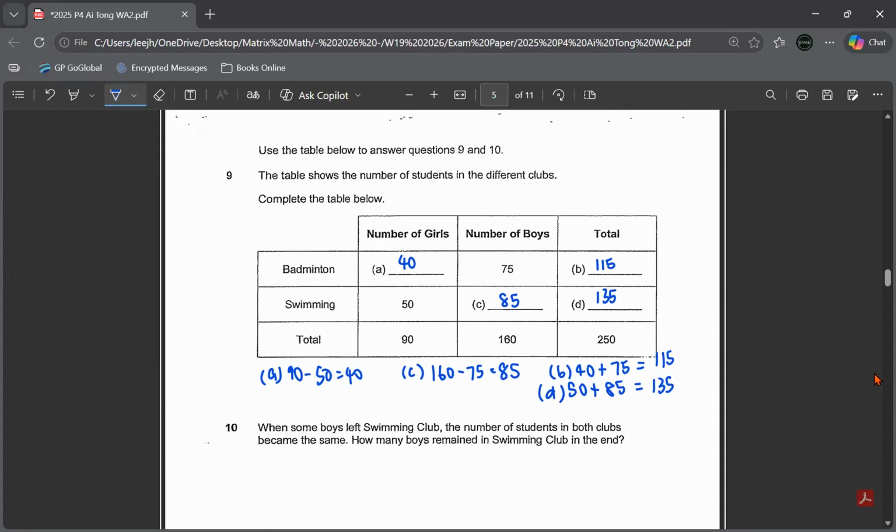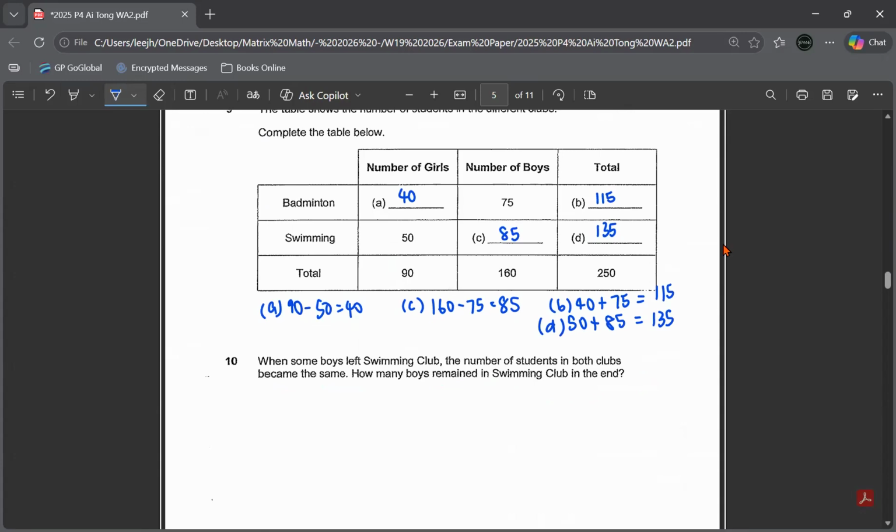Question 10. When some boys left swimming club, the number of students in both clubs became the same. How many boys remained in the swimming club in the end? So you can see that the total number of children, right? It would be 115 here, 135 here. The number of students in both clubs must be the same.